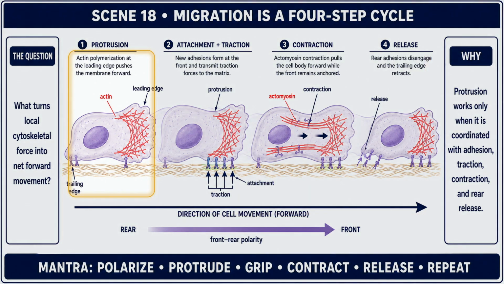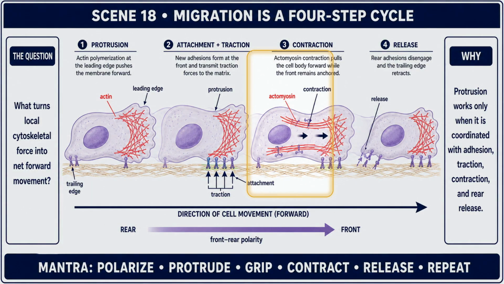At the leading edge, actin polymerization pushes the membrane outward and creates a protrusion. But a protrusion alone can simply slide backwards. So the second step is attachment. New integrin-based adhesions grip the extracellular matrix beneath the front, and traction transfers force into that matrix.